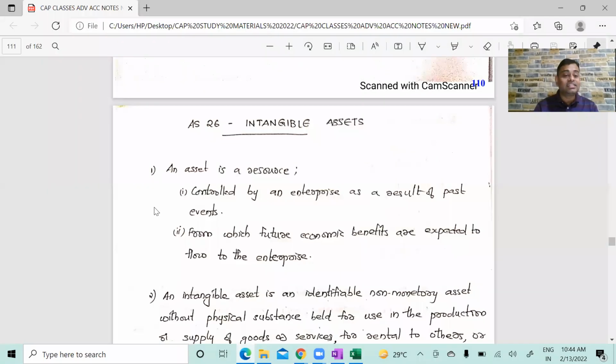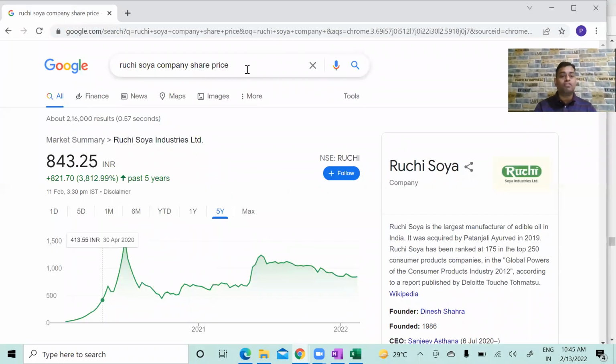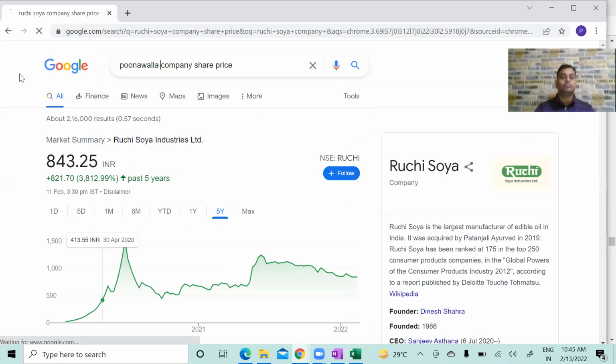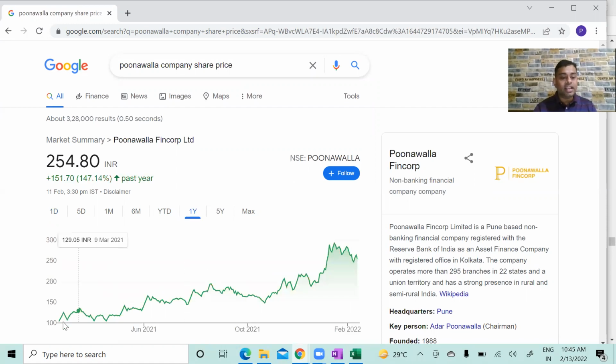So like this, Poonawalla also, we'll see. See here how much it is? 103. Here how much it is? 292.